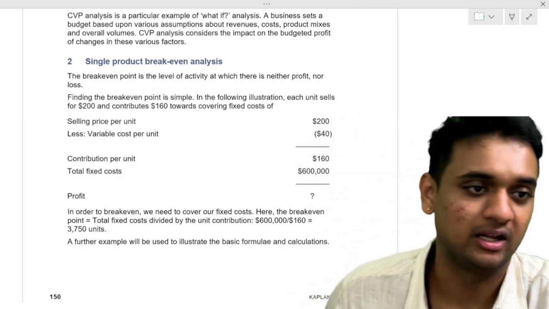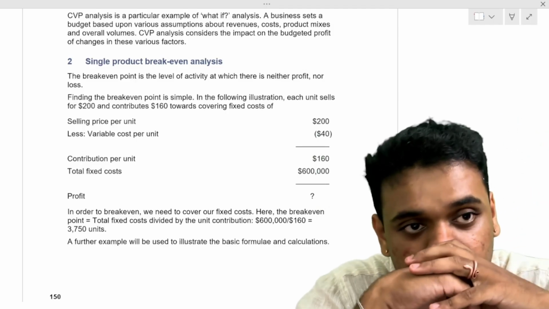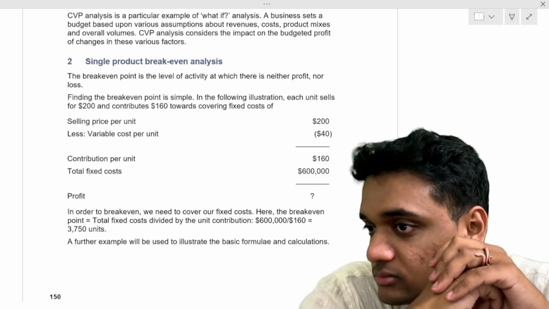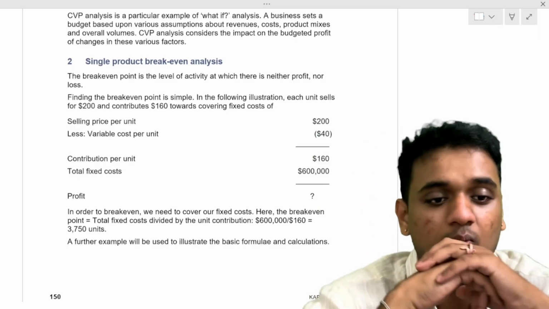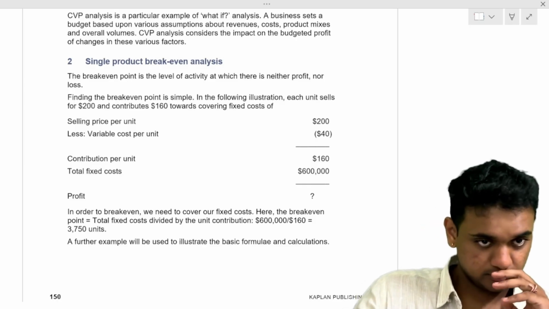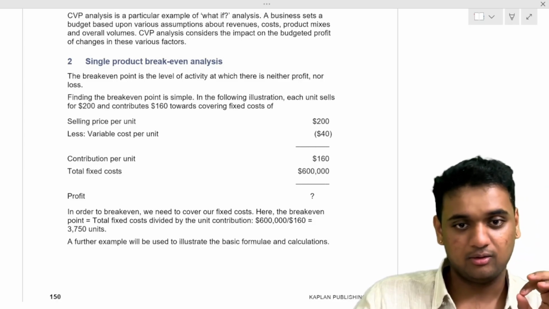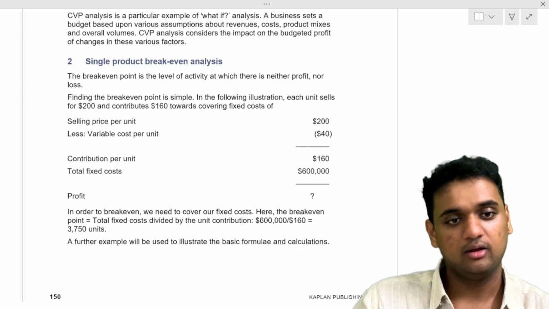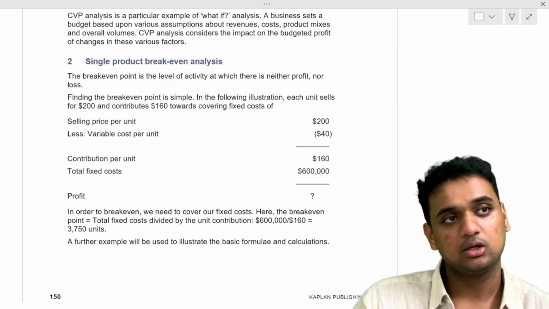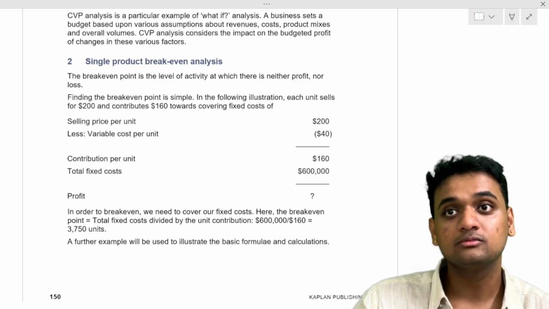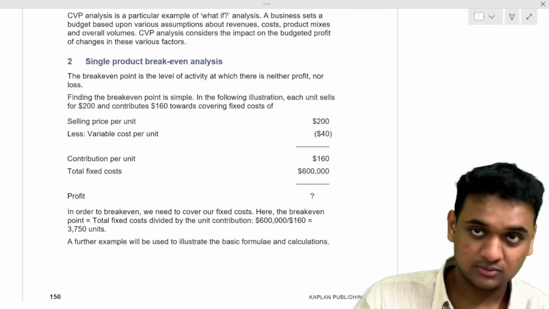Anyone who doesn't have a calculator can take a calculator. Selling price 200 per unit, variable cost per unit is 40, fixed cost is 6 lakhs. What is break even point?